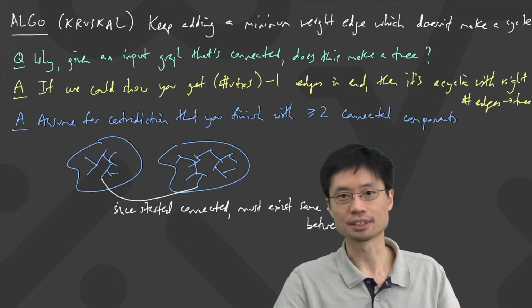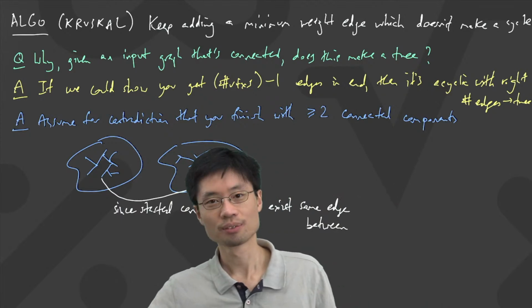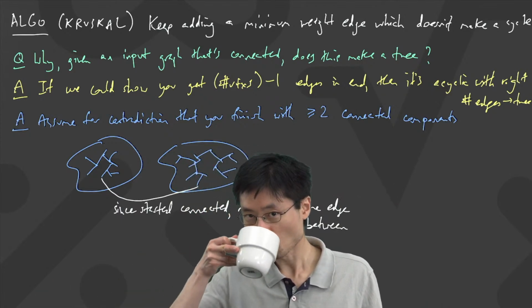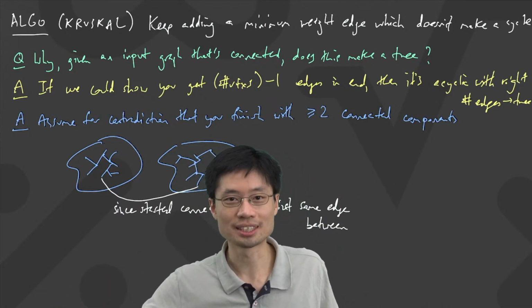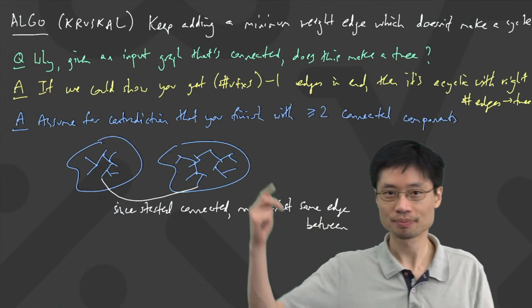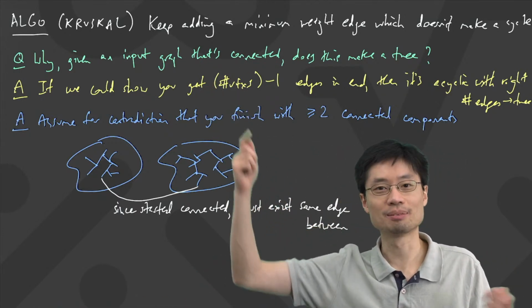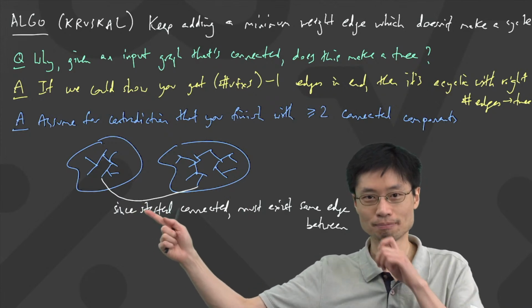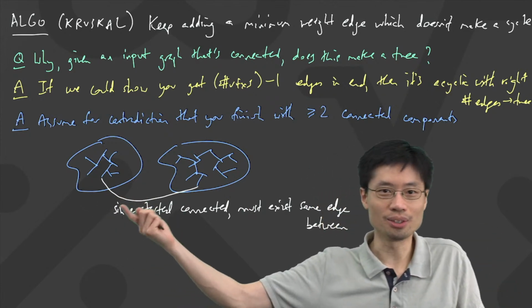And now the key is, why didn't we take that edge when we had a chance? Actually, I shouldn't even say when we had the chance, because I'm saying keep adding one which doesn't make a cycle. Well, here's one. I claim I'm done, but no, you can add this one.